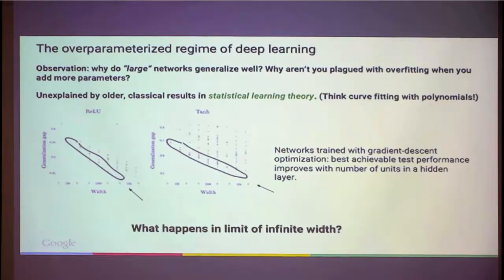This is counter to, say, your cartoon notion of low-dimensional statistics or low-dimensional curve fitting. Imagine you're trying to fit some polynomial to your problem, and you see that your data actually falls on a quadratic, but you try to fit it with a quartic. And you know that that's not a good fit for your problem.